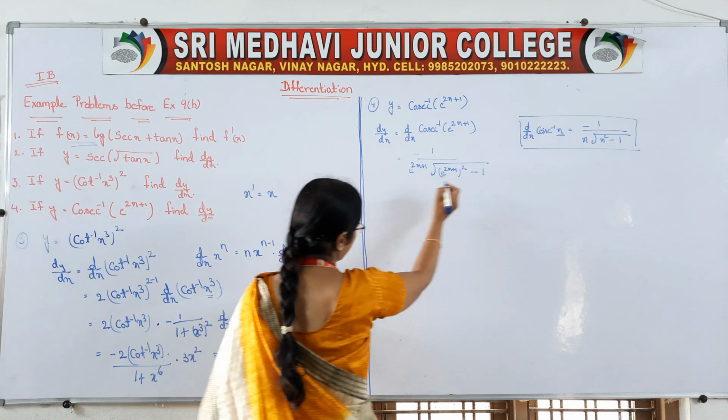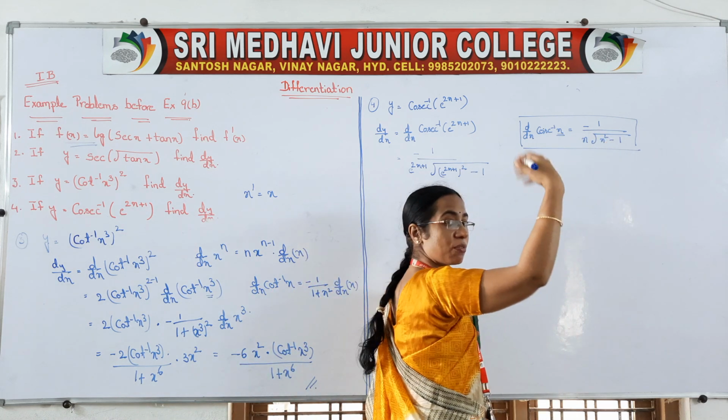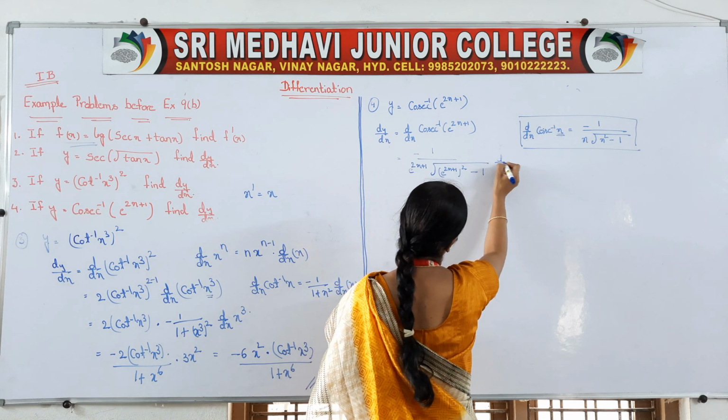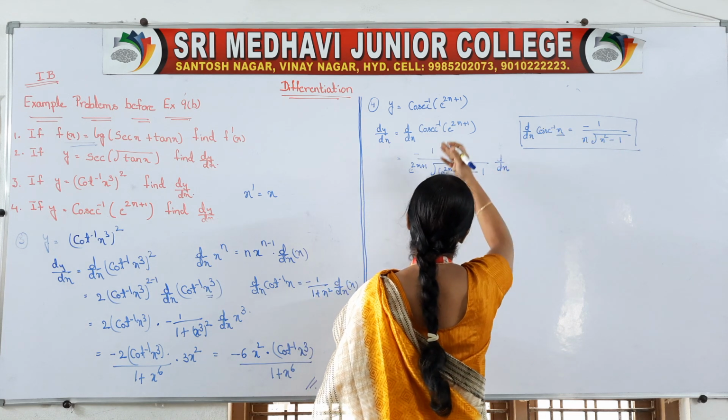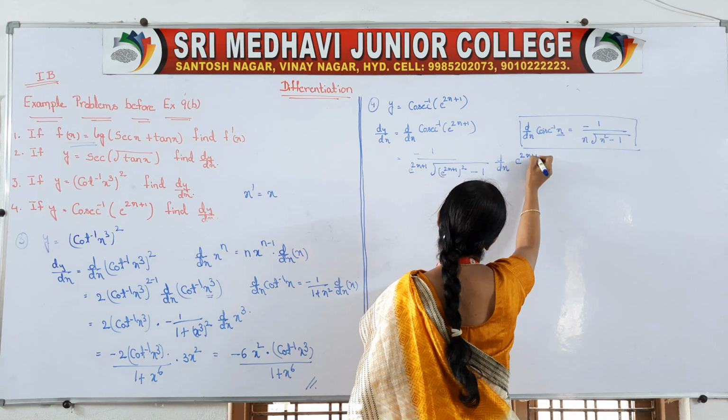And into d by dx of that variable will be there for each and every formula. So into d by dx of, what is the variable here? E to the power of 2x plus 1.